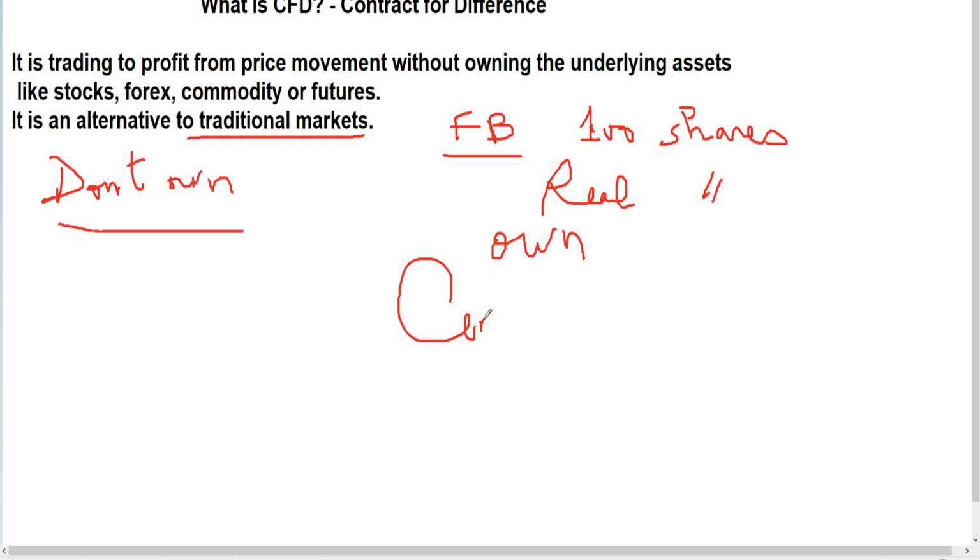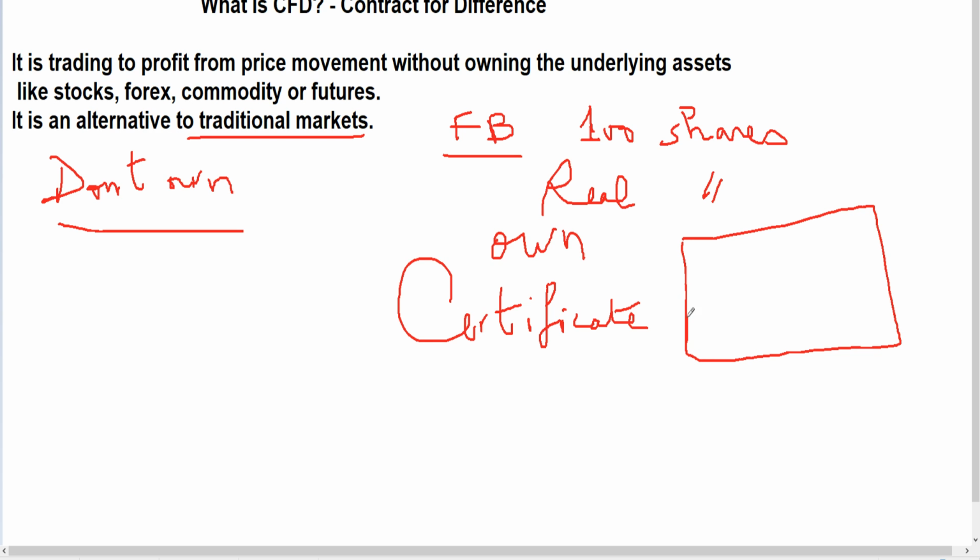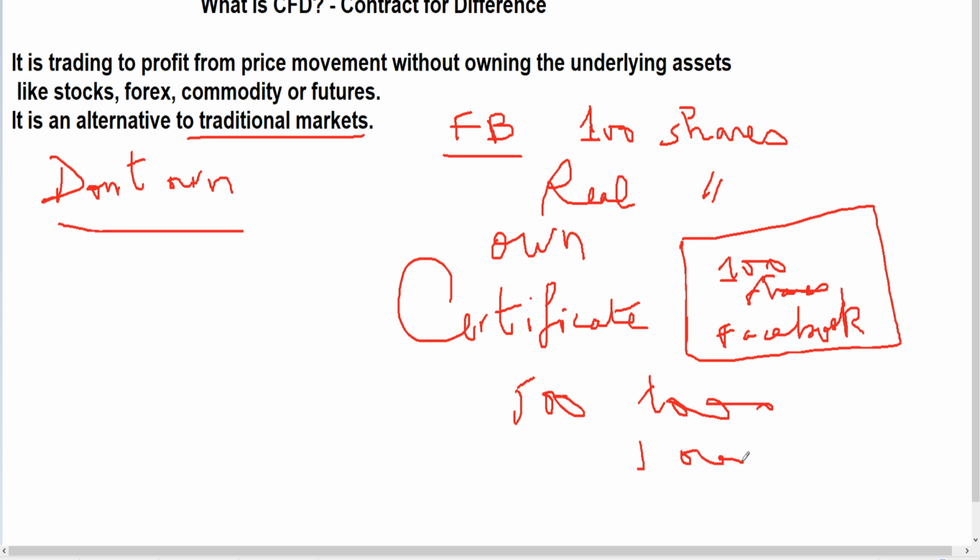You can get what we call a certificate for that, and you can keep this certificate for 10 years, 20 years, 30 years. This certificate is just a paper from the broker showing that you own 100 shares of Facebook. It is like a check. You can cash it in to get your money from these 100 shares. Maybe Facebook will be 500 or 1,000 or 5,000 in the future, so you will get that.